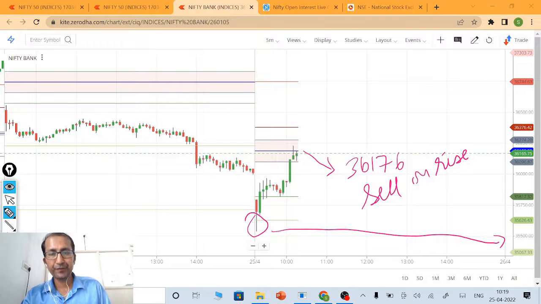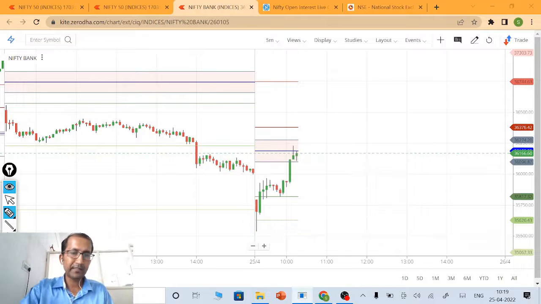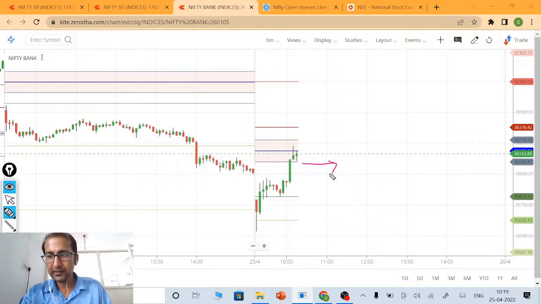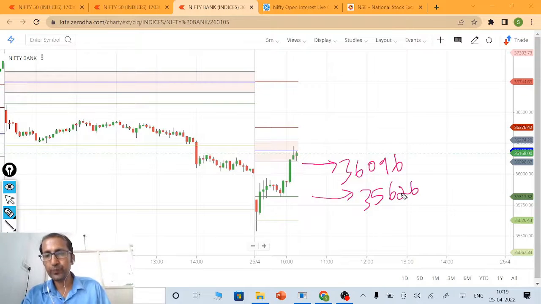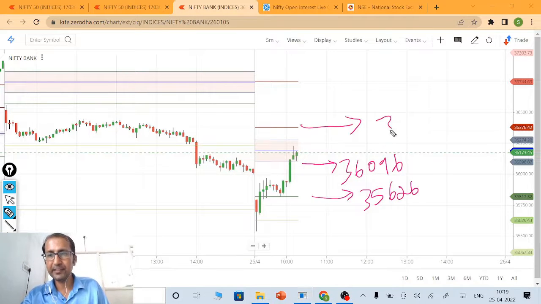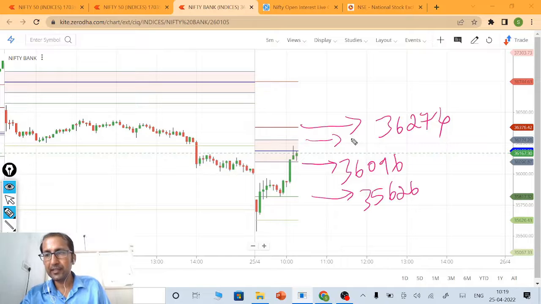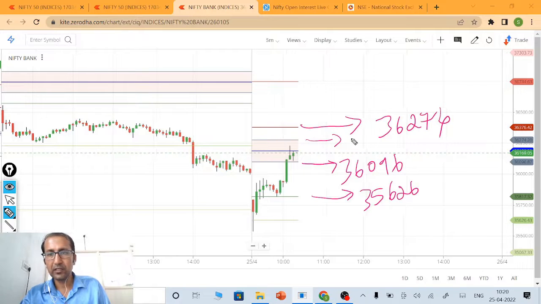So now what you should do, the important supports for the market. Next support is 36,096. Next support is placed at around 35,626. On every rise, 36,274 is going to be a very strong resistance. The upper side of the pivot is around 36,200 levels.